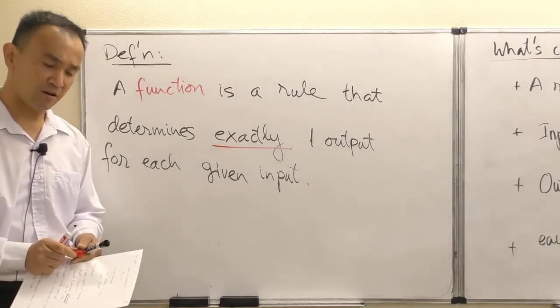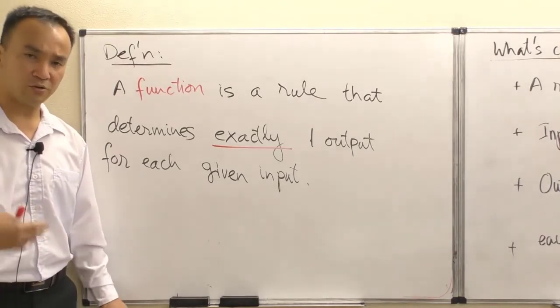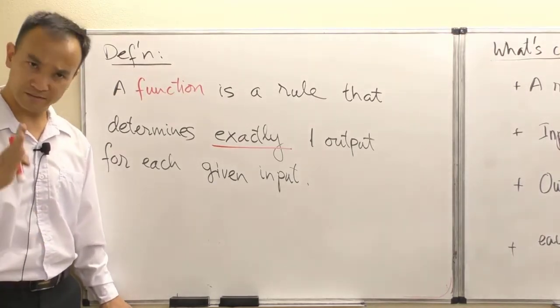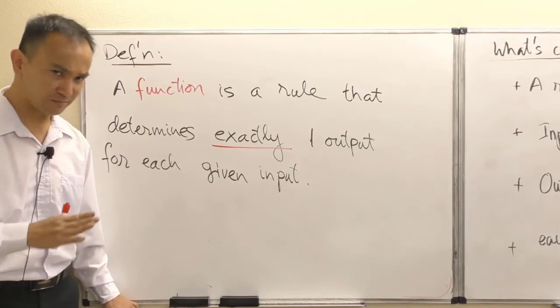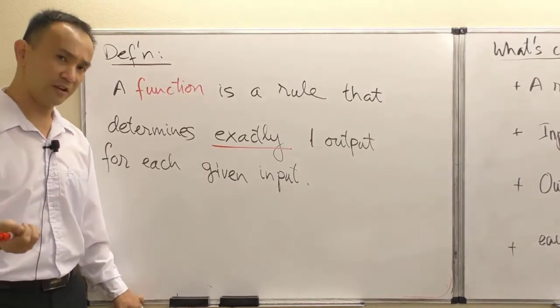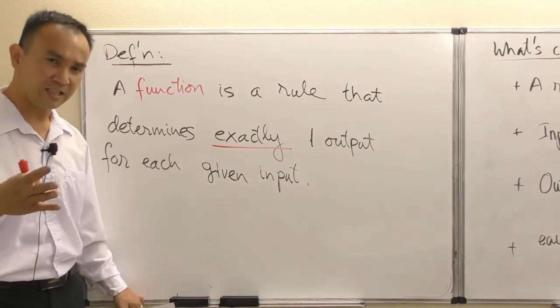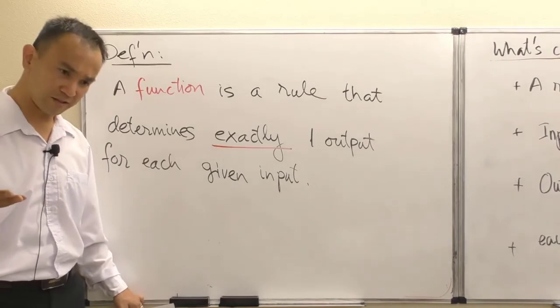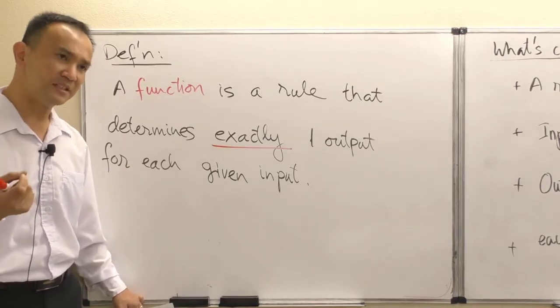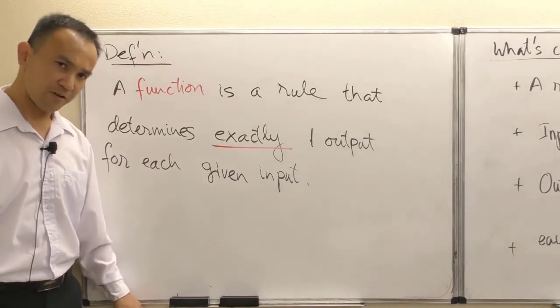From now on, you have to understand that many professors explain the idea of a function differently. Any of them, including me, has our own way of interpreting what a function is, but eventually we all come to the same understanding.